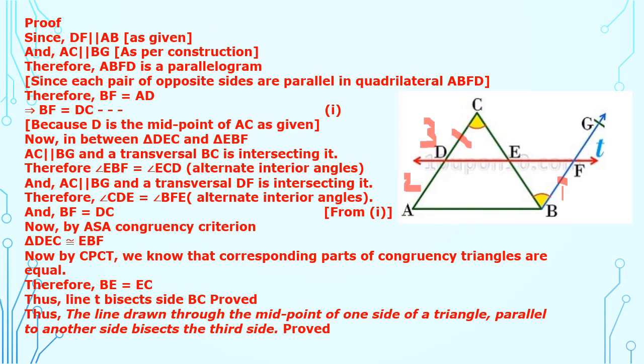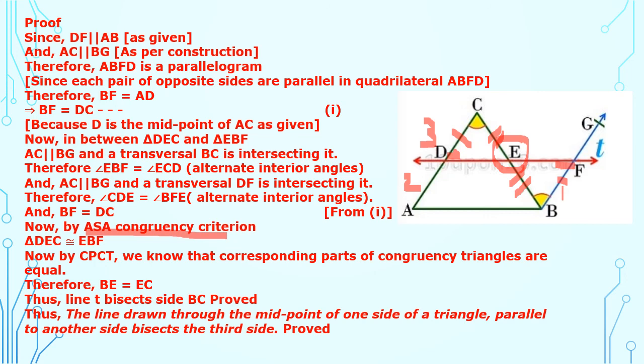So, because of this, we got two alternate angles, one already in yellow, the second one this one, and in between you got a side. So, the included side is there. So, ASA, the side is included. By the ASA congruency rule, these two triangles are equal. If these two triangles are equal, then by CPCT, CE is equal to EB, and hence E will be the midpoint of CB, which we have to prove.